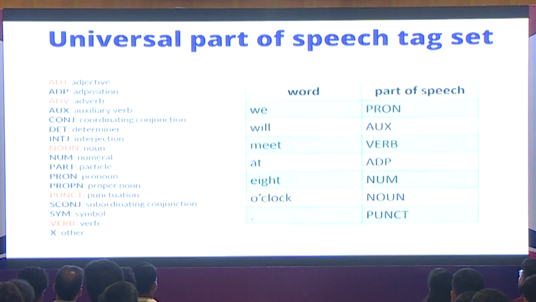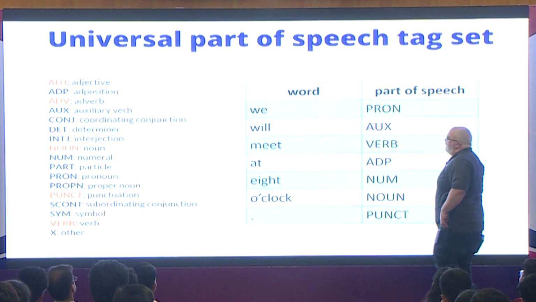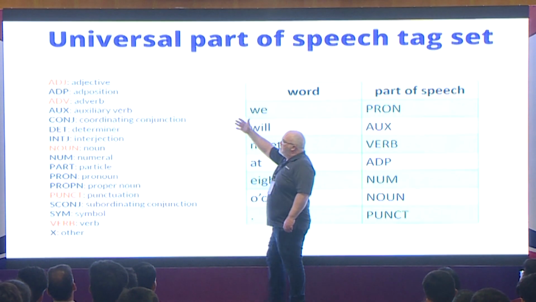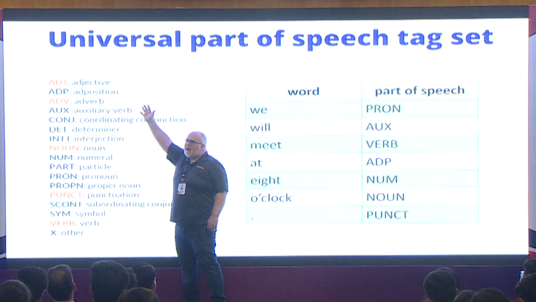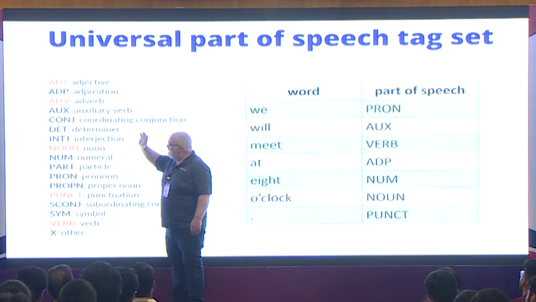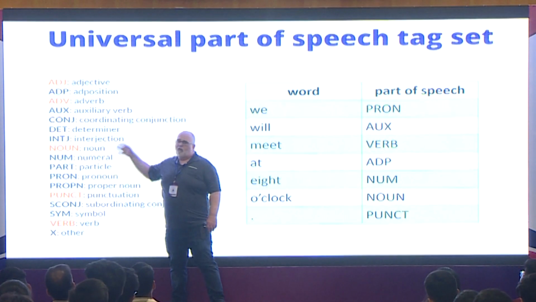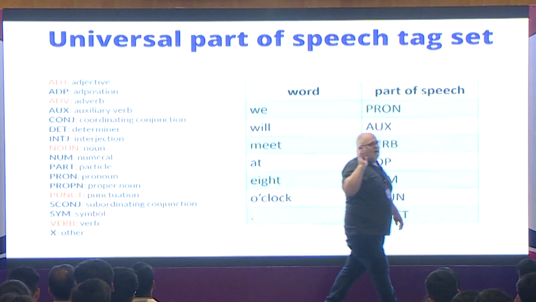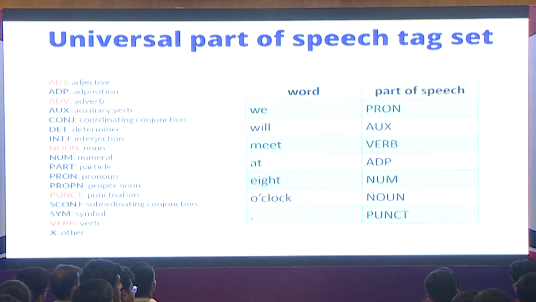This is what's called the universal part-of-speech tag set. There's only a certain type of tag we can put on every word. We can say something is an adjective, a noun, punctuation, a pronoun, and so on.